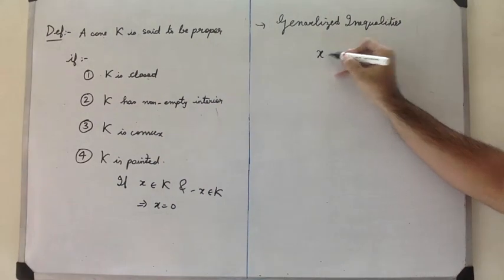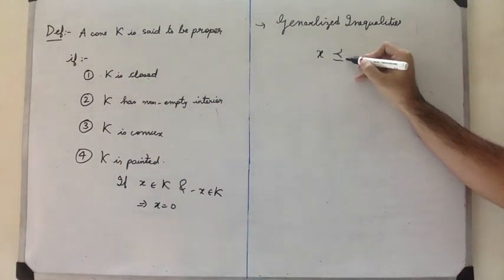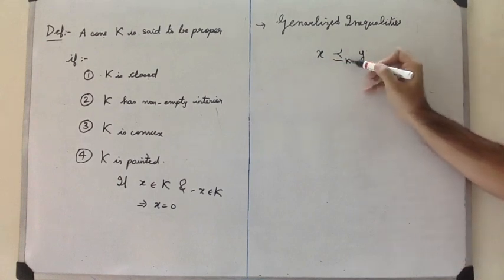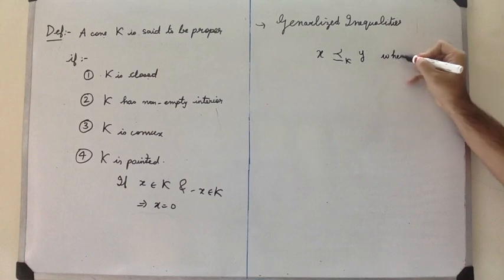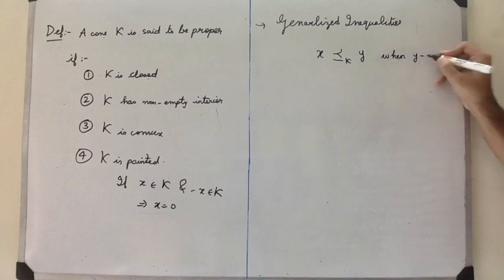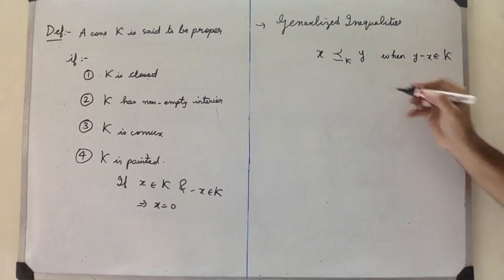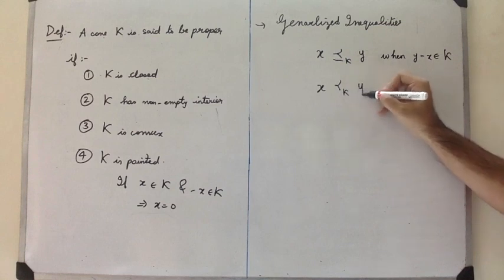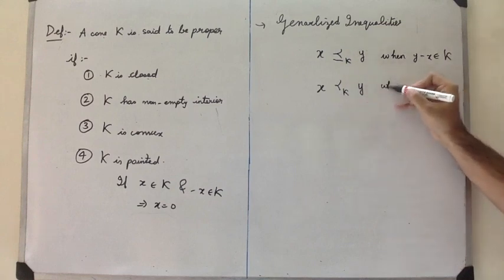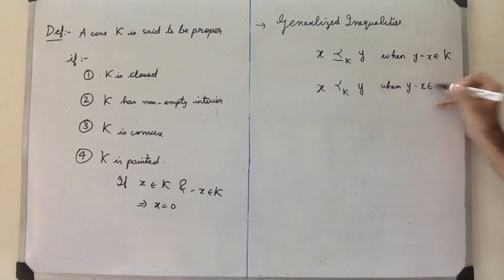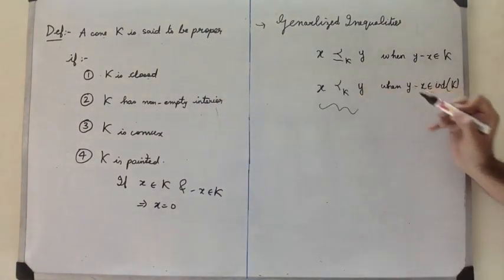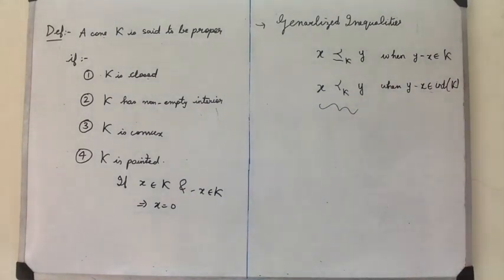But we say that x is less than or equal to y with respect to K when y minus x lies in K, and there's a strict inequality: x is strictly less than y with respect to K when y minus x lies in the interior of K. So this is the reason why we wanted a non-empty interior to define the strict inequality.